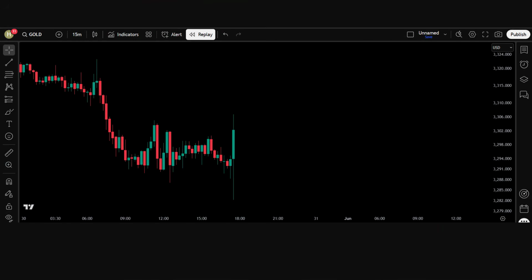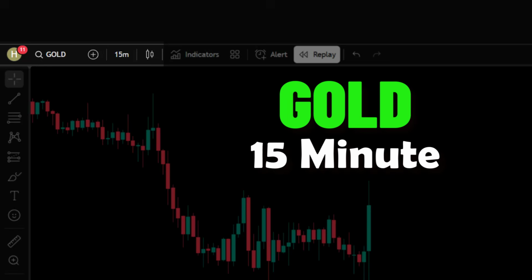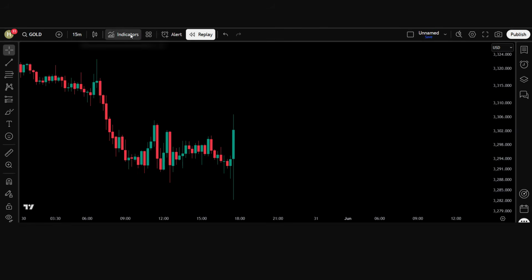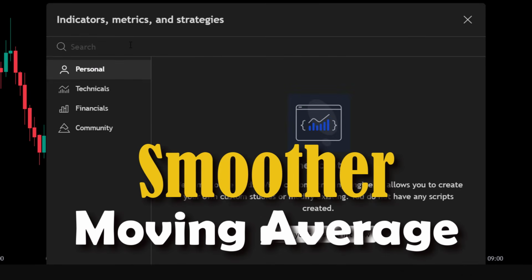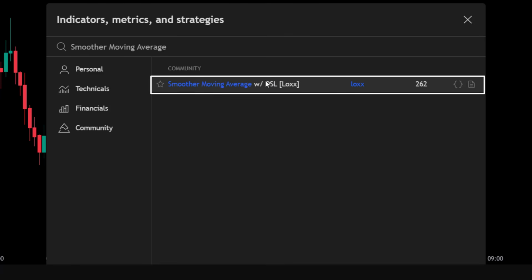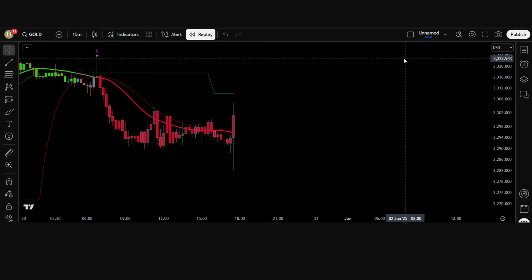Setting up the indicators. Open your chart. We're using gold 15-minute time frame. Go to Indicators. Search Smoother Moving Average. Add it to the chart. Adjust the settings.